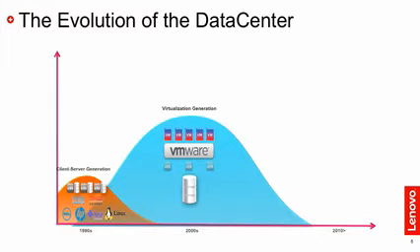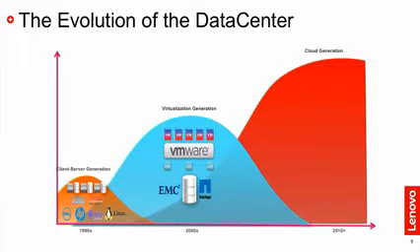And we had centralized storage with our partners EMC and NetApp, big players around storage. But now we've changed even further. We've moved to the cloud generation. Now this is a scary part. A lot of our customers come to us and say, cloud is great, but how do I get there? What am I going to use it for?